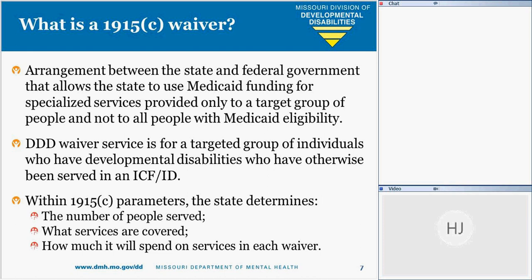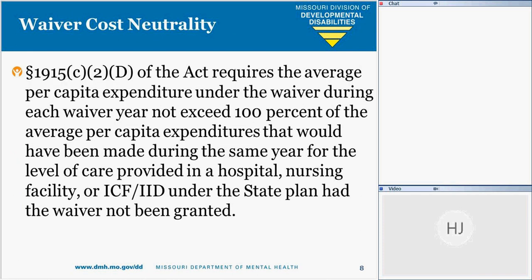CMS requires the state to define certain parameters. For example, how many people will we serve in the waiver, what services are we going to cover, and how much will be spent on each service in the waiver. To define those parameters, states are also required to be cost neutral.